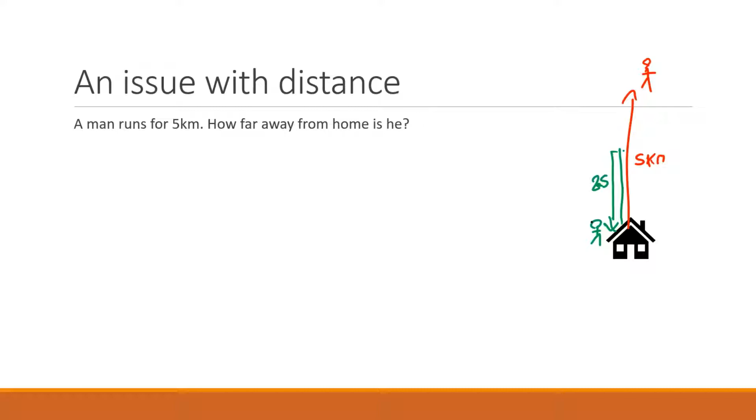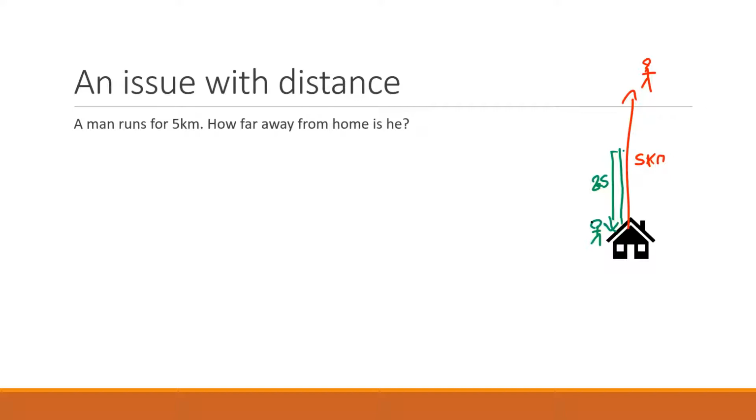What distance did he travel? 2.5, and then he came back. So how far has he run in total? 5 kilometers. So this person in green has also run 5 kilometers, yeah? But now, how far away from home is he? He is 0 meters from home because he is at his home.